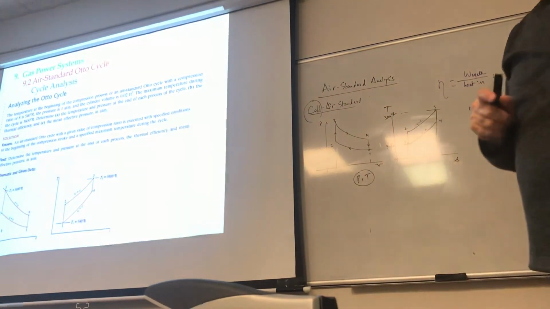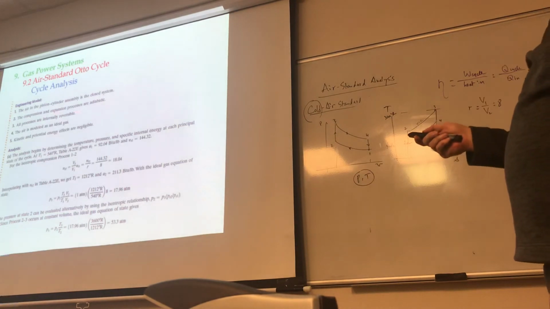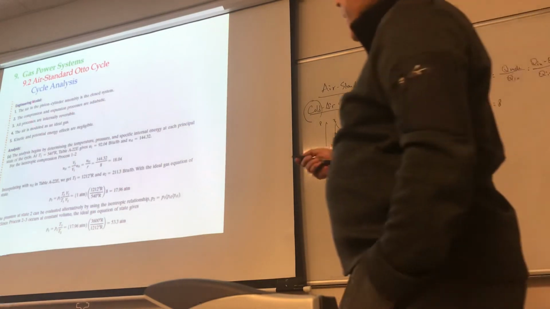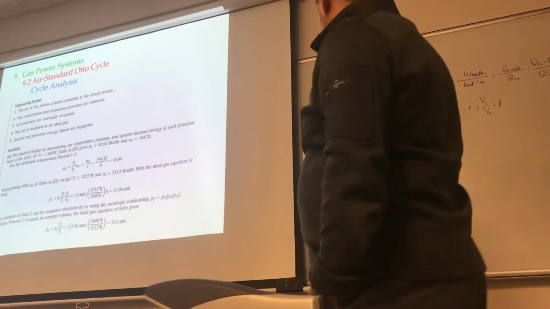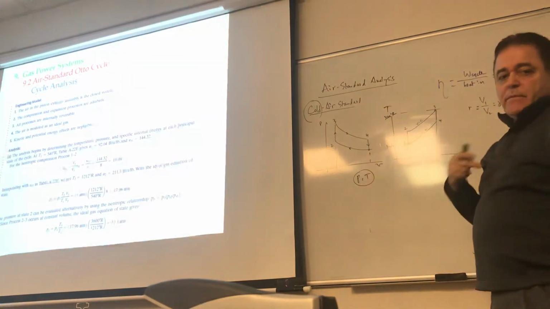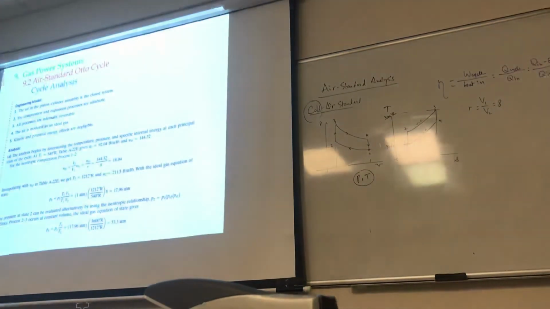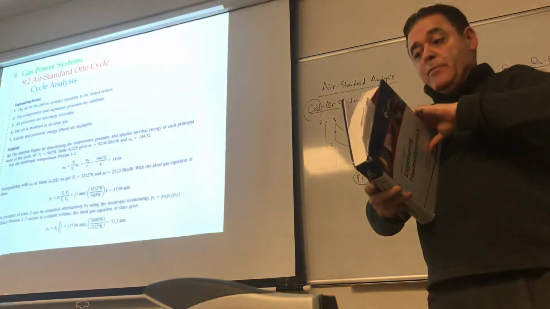So, let's take a look at this one briefly here. Remember the engineering model. The analysis between 1 and 2, what kind of process is this? It's an isentropic process, isn't it? The first thing you need to do is decide which table to look at.